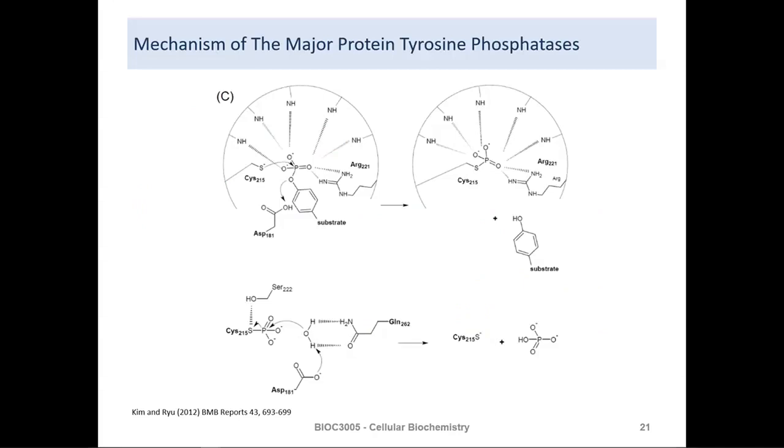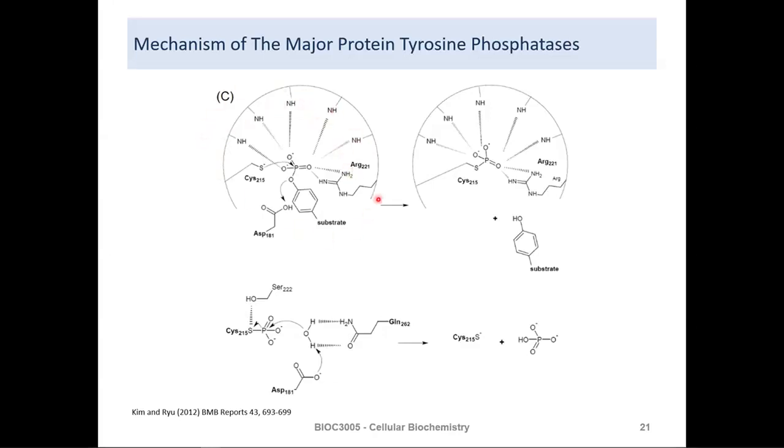So, a closer look at the mechanism of a tyrosine phosphatase. It's a two-step catalytic mechanism beginning in this diagram here. We can see that the phosphate group from the phosphotyrosine substrate is coordinated by main chain amides, and this is in the protein tyrosine phosphatase loop.